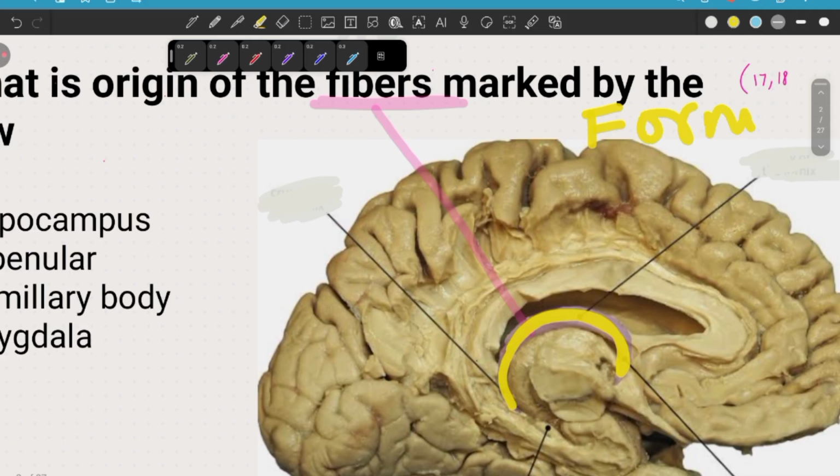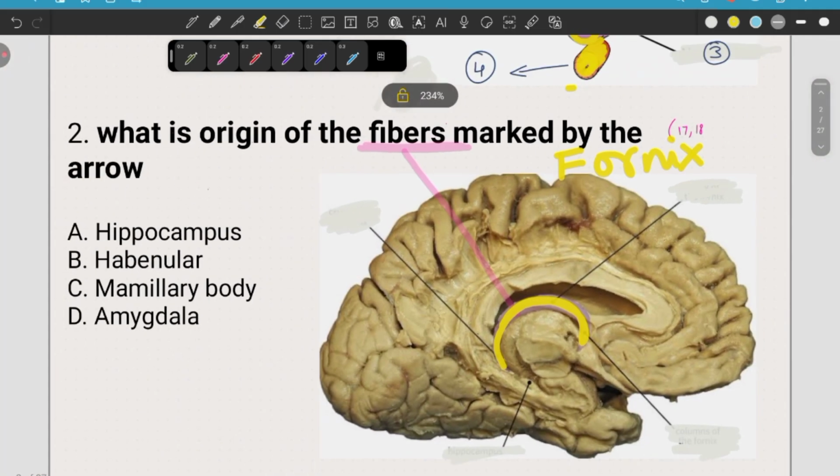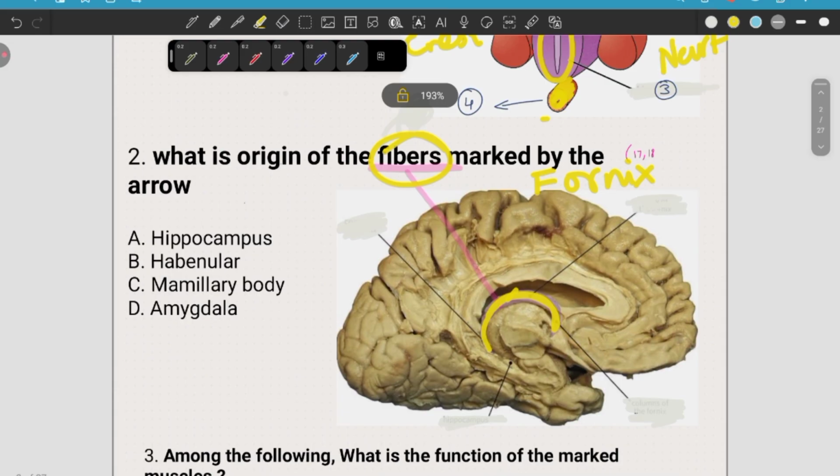They are not asking about the fornix, they are asking which structure the fibers present in the fornix originate from. It originates from the hippocampus. This structure marked here is the hippocampus.